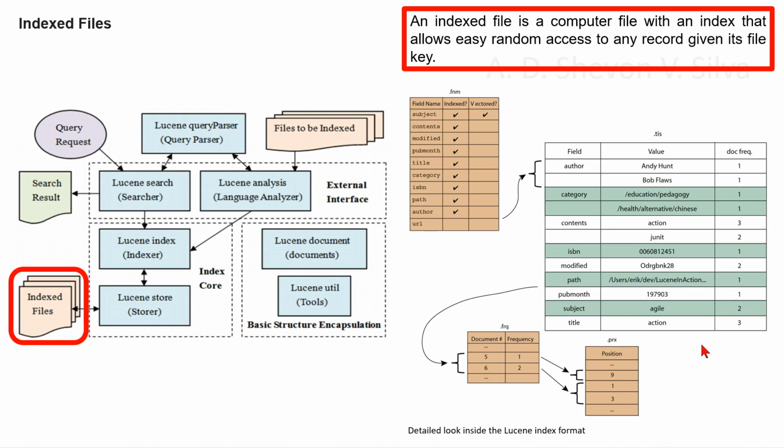For each term in the .tis file, the .frq file contains an entry for each document containing the term. Here in our sample index, 2 books have the value JUnit in the contents field.